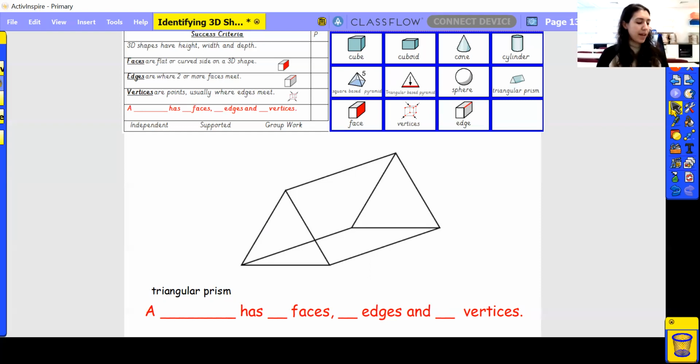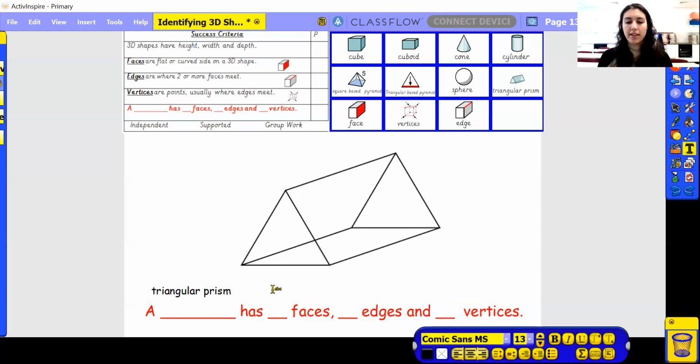So you can see that pyramids have got triangular faces meeting at a point, whereas prisms have rectangular faces that almost make it look like our 2D shape is being stretched backwards. So this would be a hexagonal prism, whereas this would be a triangular prism because it's got triangle faces on opposite sides, and they're being joined together with these rectangular faces.